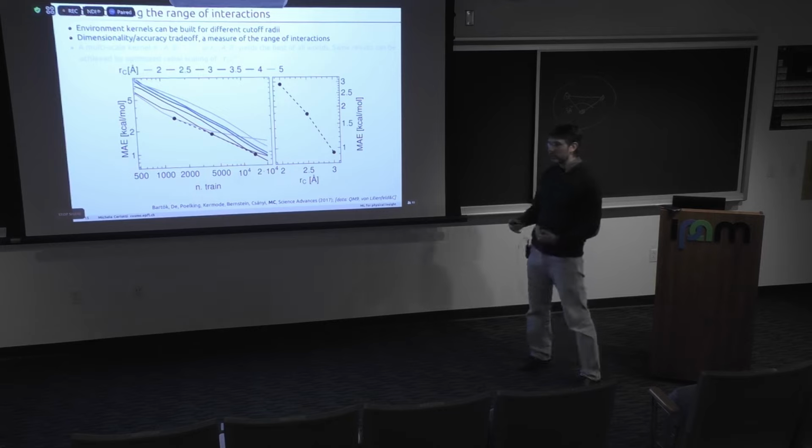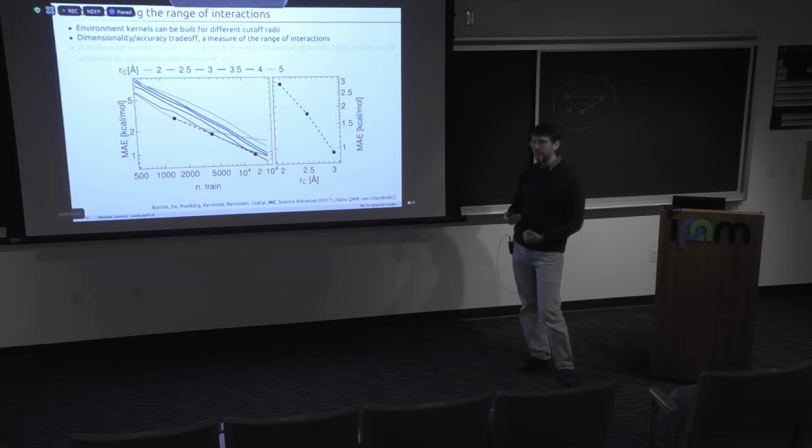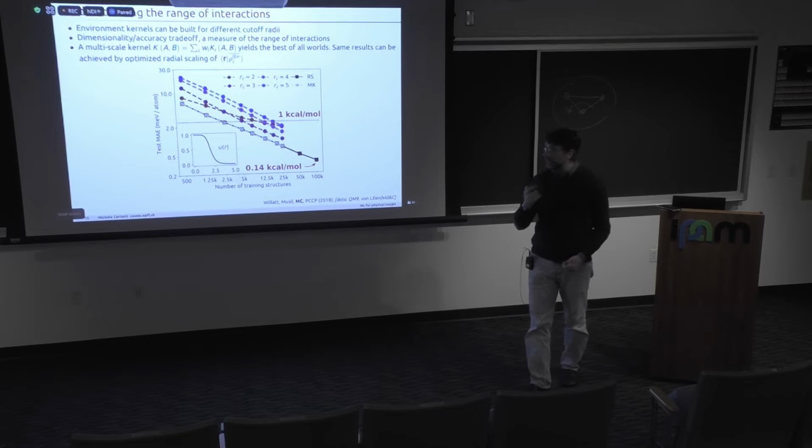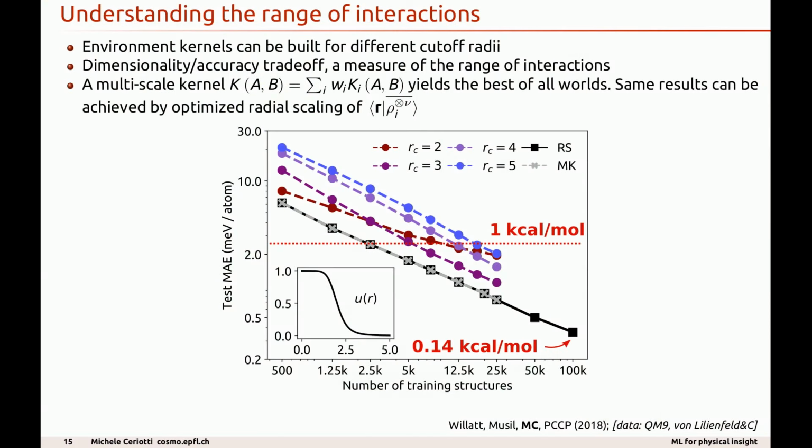Then, of course, once you have this insight, you can also use it to improve the model. And so what we did was to build multi-scale models in which we combine kernels or descriptors with different length scales weighted in a way that reflects the relative information of different energy contributions within a molecule.